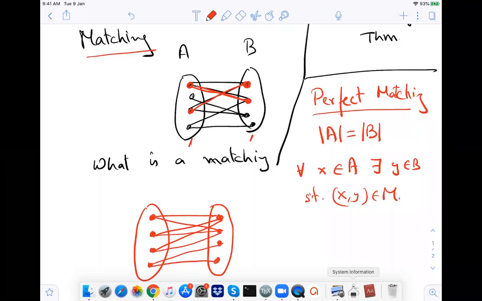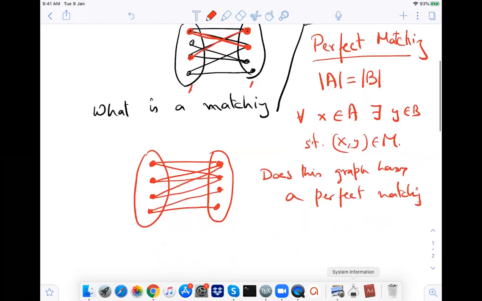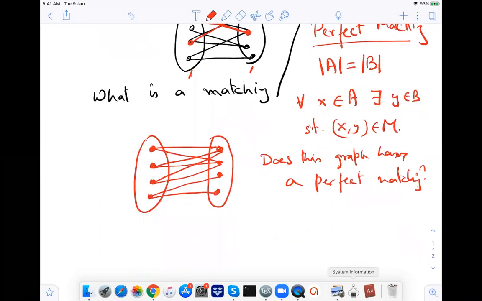Does this graph have a perfect matching? Not possible. Why? The first 3 vertices in set A only accept 2 vertices in set B. So the answer is of course no.